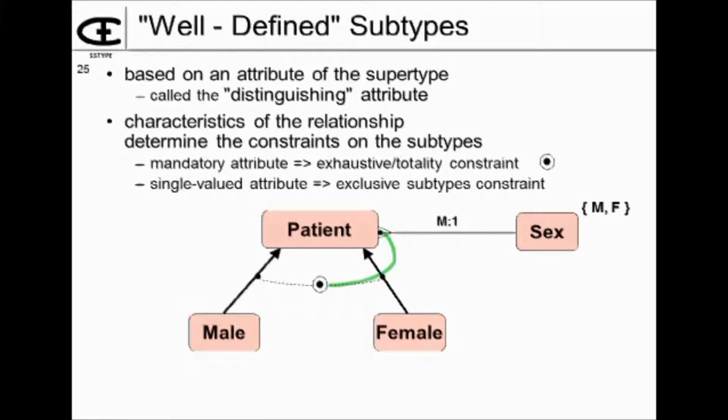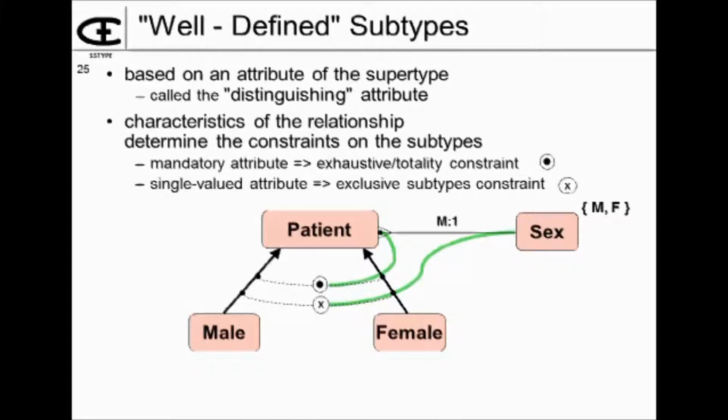You understand that? If I didn't have the dot, it would say that some patients could exist without being associated with the sex field and therefore not have to appear in any of the subtypes. So that would be like a partial covering. The other one, if we look at the exclusivity: how many different values of the sex field could a patient belong to?